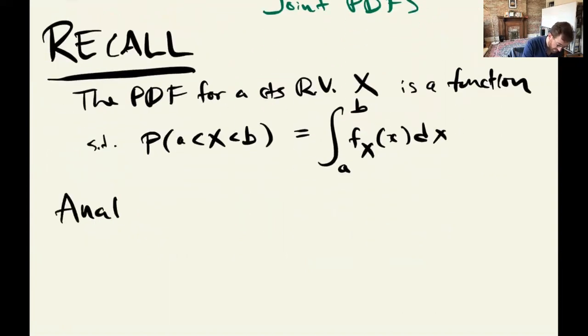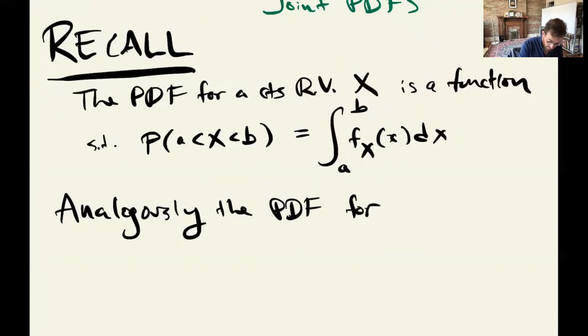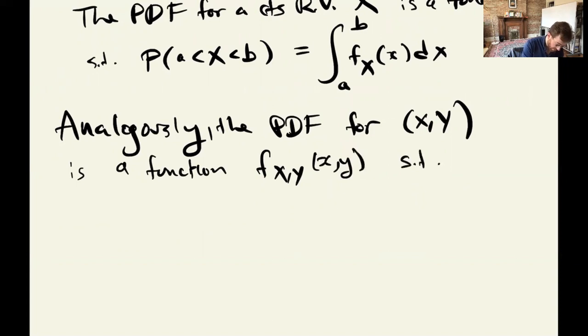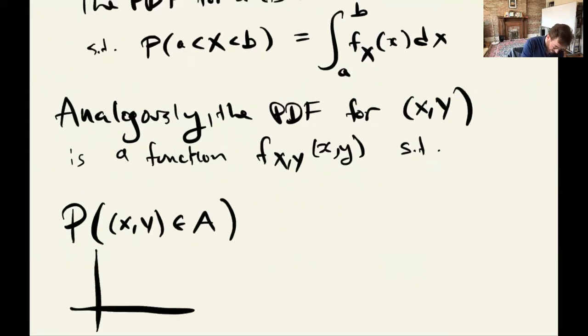Sort of analogously, the PDF for a pair of random variables is a function of little x, little y, such that if I want to know the probability that x comma y is inside of some region A, and I'm just going to go ahead and draw A, like this.